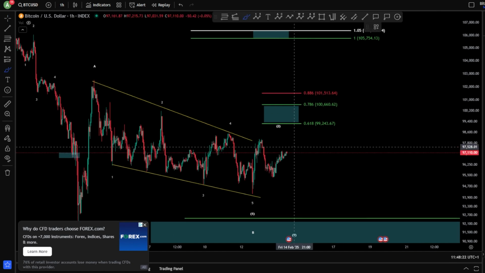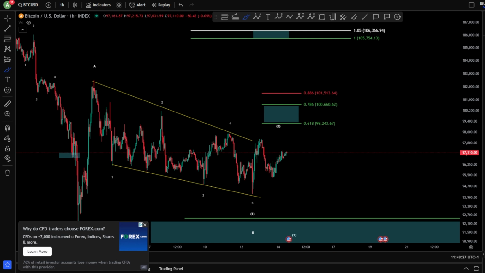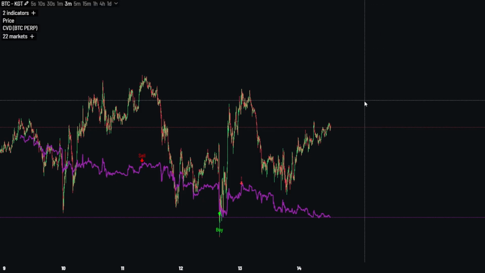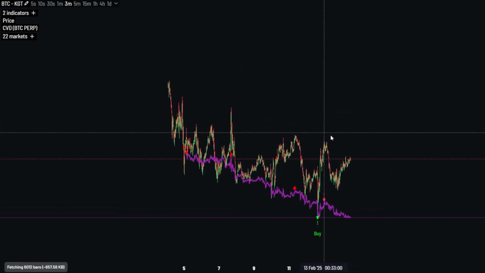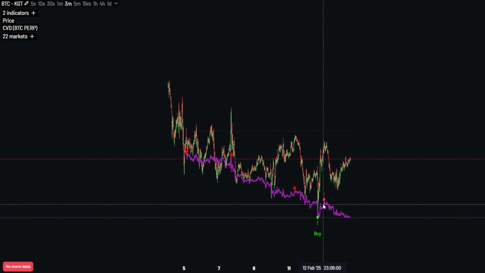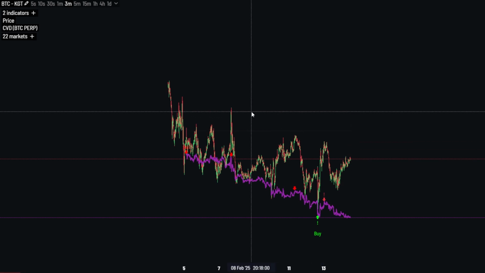I would say we still have to watch this price action. What's going to happen if we hit our wave 2 here or probably higher? Because if we want to touch this wave 2, the CVD lines have to move higher, and we still have some bearish signal where it might trigger a new signal after your wave 2 high here.